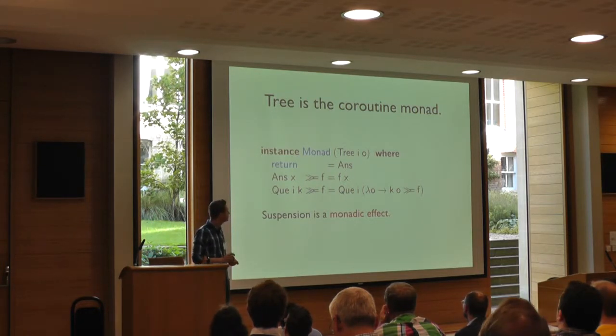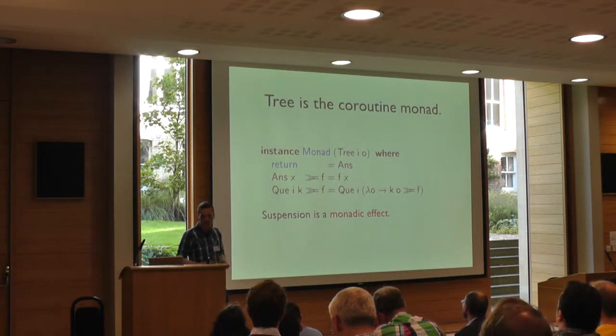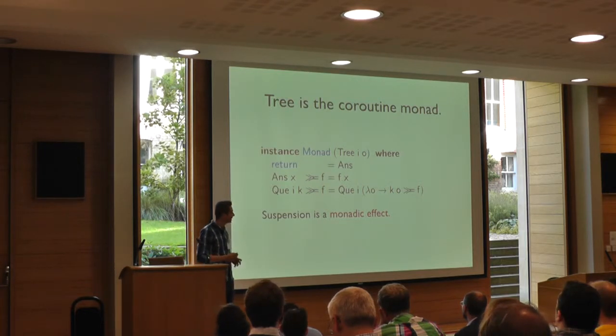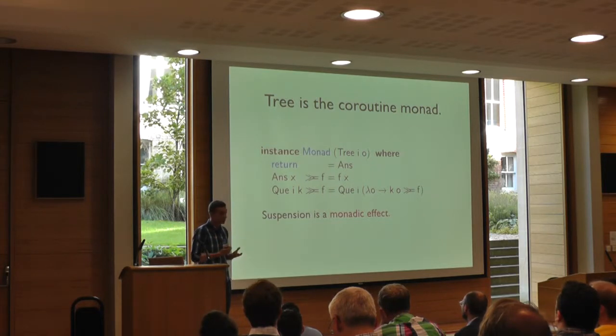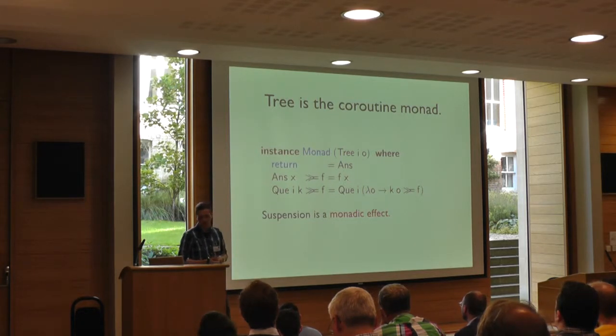We usually call it the coroutine monad, but it's also been called the suspension monad, resumption monad, or step monad. So the important thing to notice here is that suspension is a monadic effect, and this also gives us a way to get strategy tree representations for other components which have different monadic constraints.